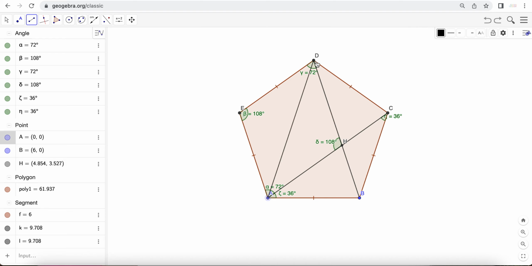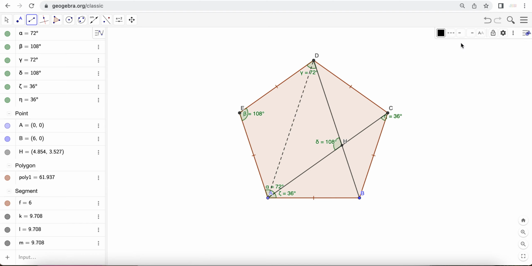Here's a nice idea I saw from a student. What if we looked at isosceles triangle AED and isosceles triangle AHD? What if we looked at those two? Well, they share a common side. We know that they have corresponding congruent angles down here.